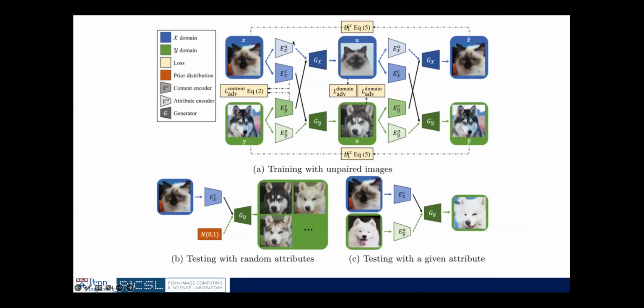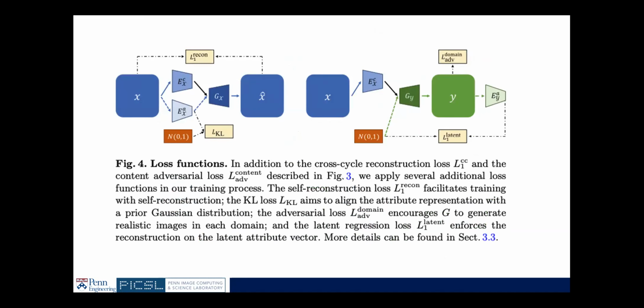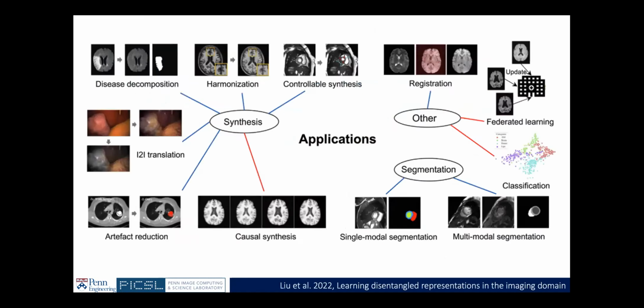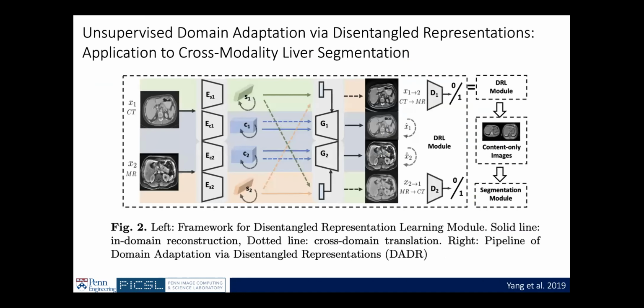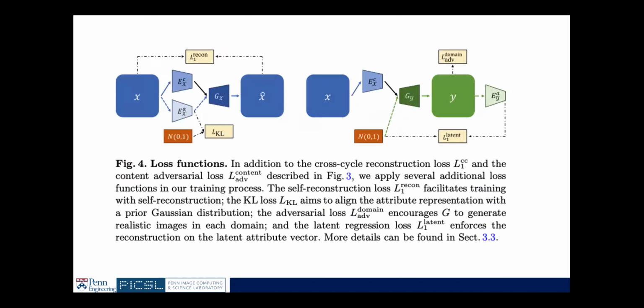So we have losses on these encoders, and we put some explicit priors and make them more Gaussian looking, so that we can sample from them easily and make sure that the network produces a wide range of images rather than producing from just a small distribution. I think you can look at these losses offline. I think we can finish this.